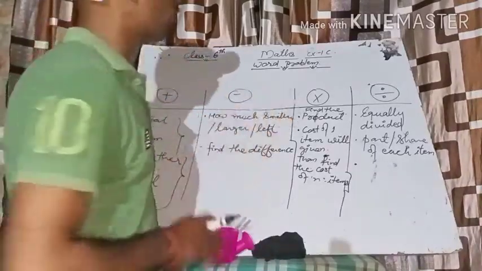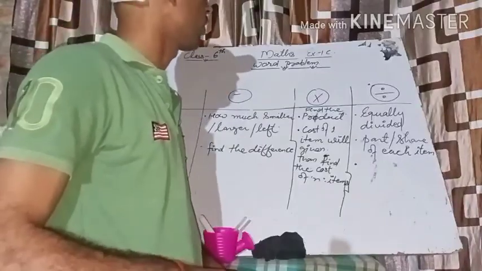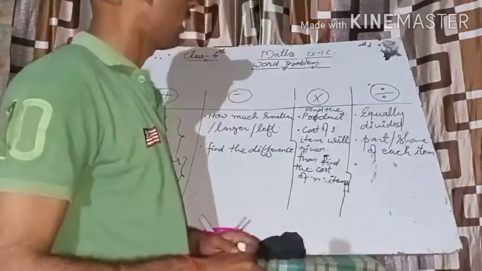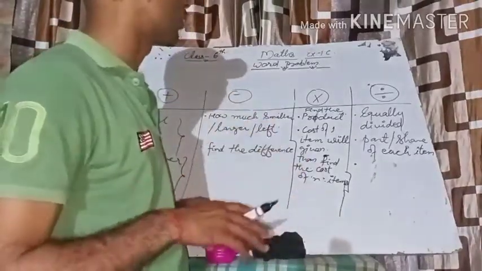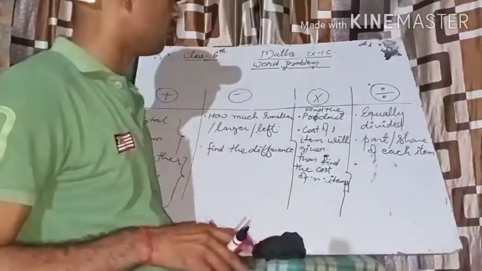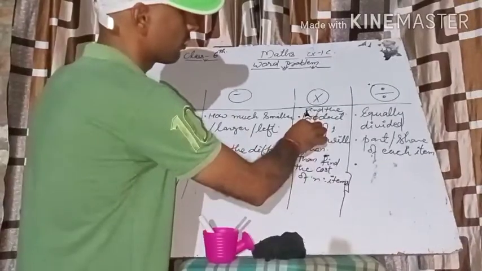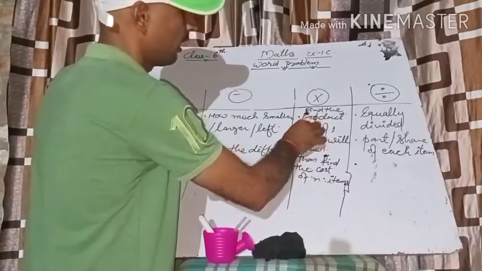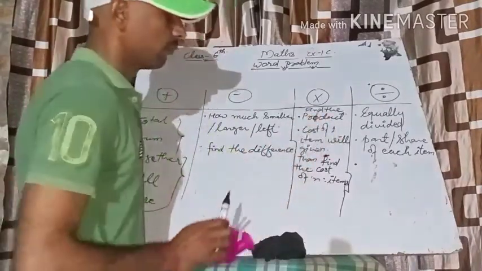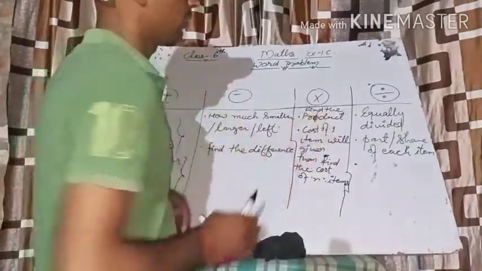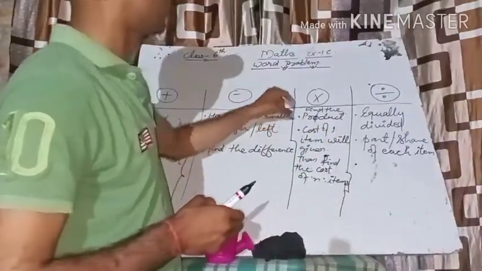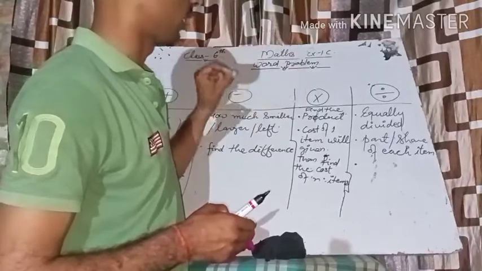In case of multiplication, whenever you read the question and don't know what to do, if you notice find the product is given, then you have to multiply.